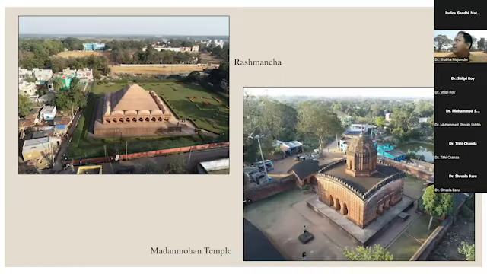And this is the general view of the Rasmancha and the Madan Mohan at Bishnupur. You can see that in Bishnupur also, the population and the modern construction have gradually covered the surrounding area of those temples, and it very much affects the micro-environment of the temples.